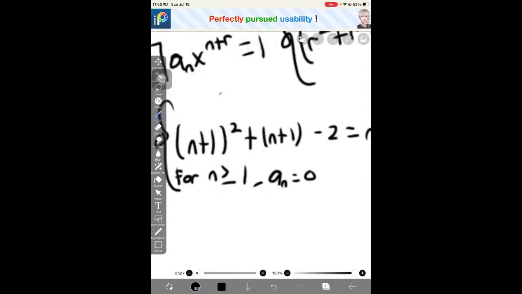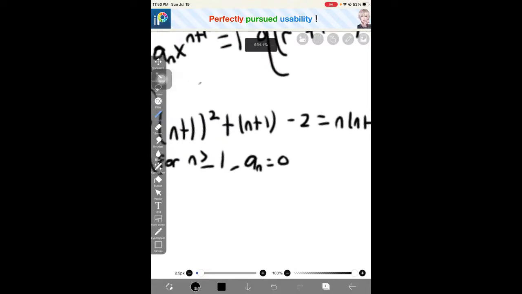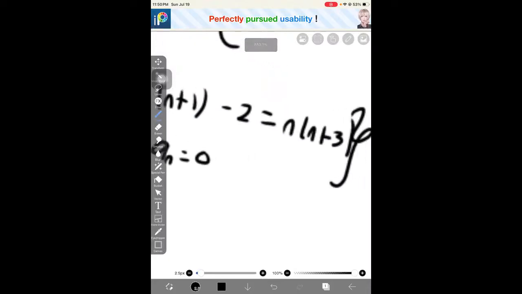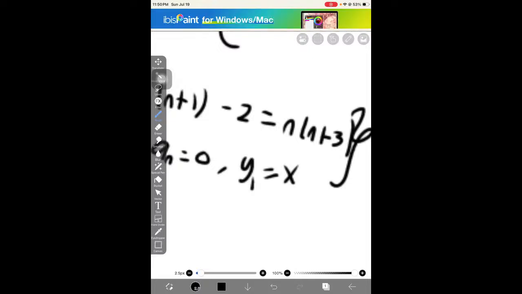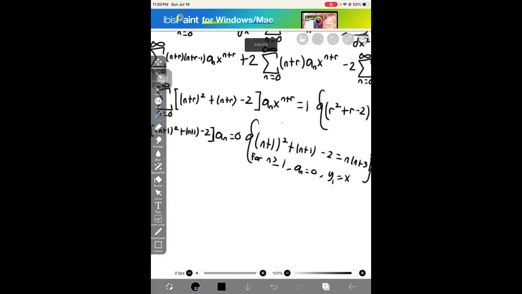So hence, y sub 1 will be equal to x. You know what? I'm kind of doubting myself. I should probably confirm this because I'm making such grand conclusions.